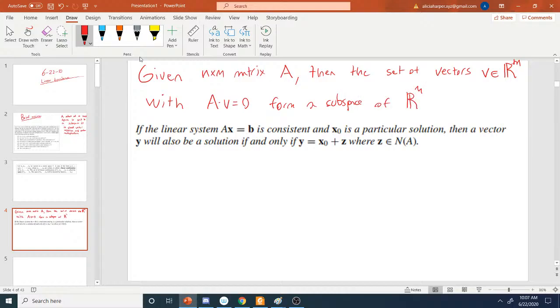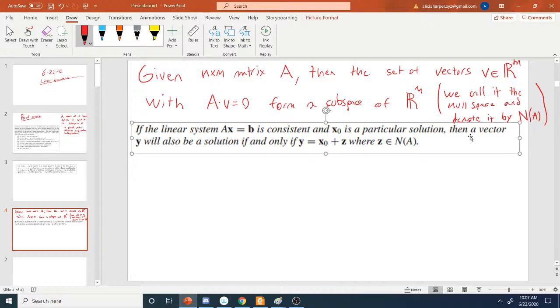And we call it the null space and denote it by N(A). So that's what the null space is as we defined it on Friday.